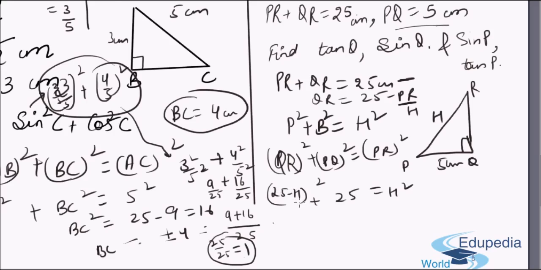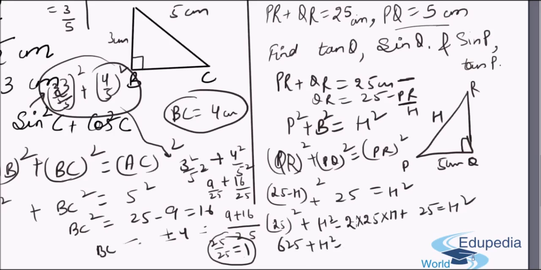Thus, opening this bracket by the identity a square plus b square minus 2ab equals a minus b whole square, we have 25 square plus H square minus 2 into 25 into H plus 25 equals H square, or 625 plus H square minus 50H plus 25 equals H square.